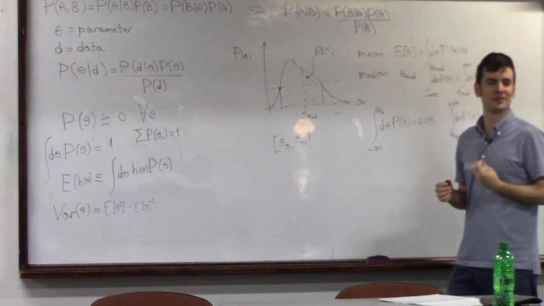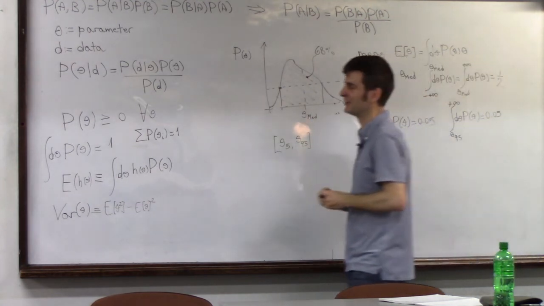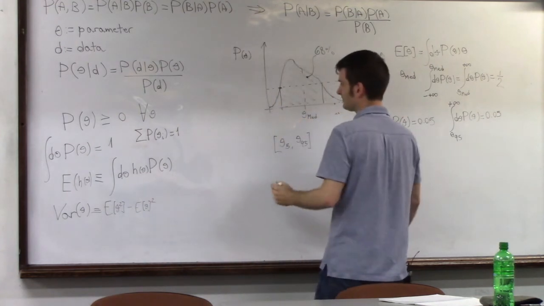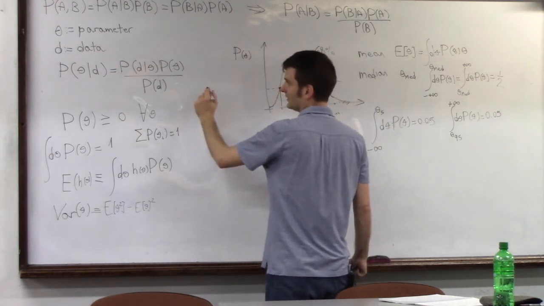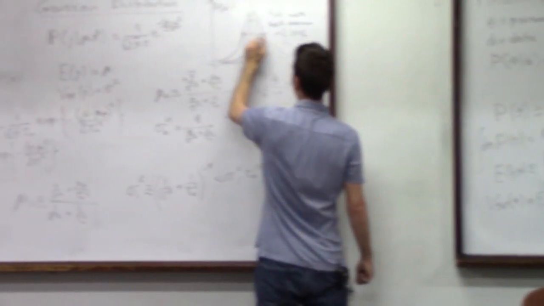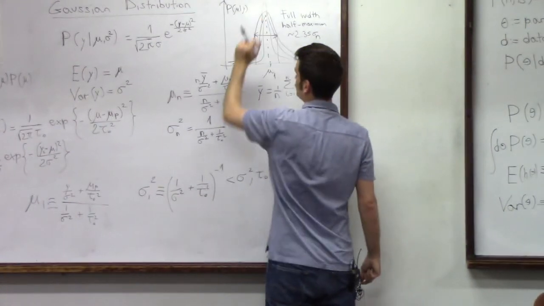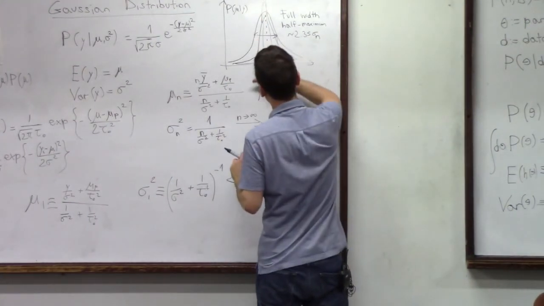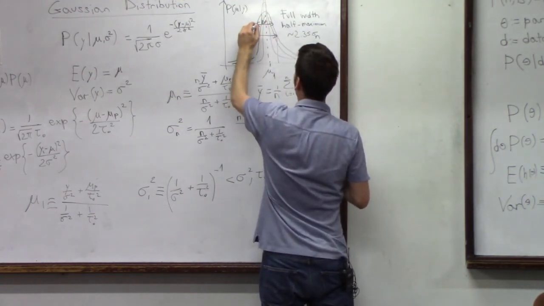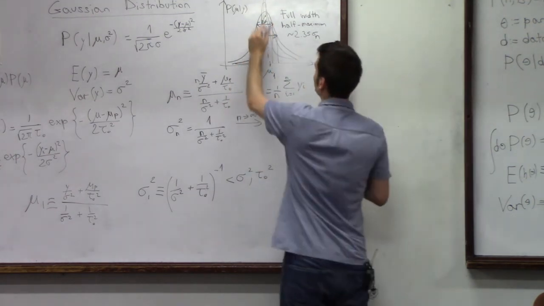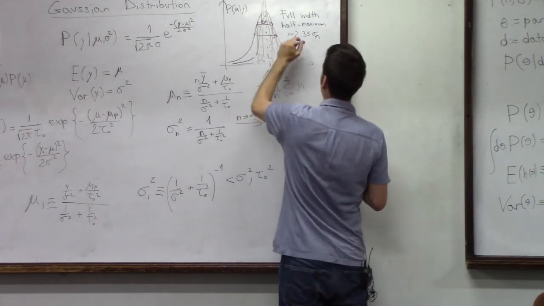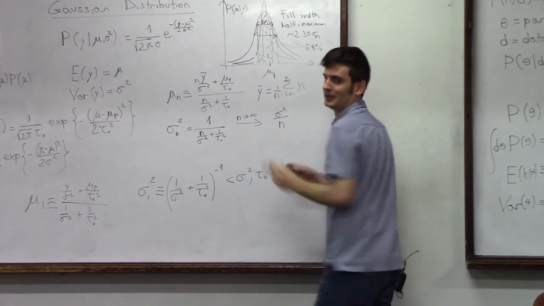So a lot of times we use 68%. You might be wondering why 68%, such a random number. 68% is because for a Gaussian distribution, the probability enclosed within 1 sigma on each side is 68% of the distribution.